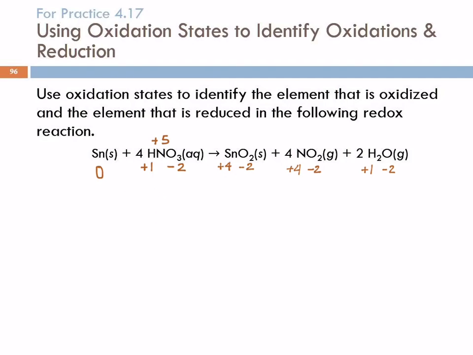Now, to identify what's being oxidized and reduced, we have to look at things that are changing. So let's compare tin as a reactant with tin as a product. What's happening to its oxidation state? Loss of electrons. Oxidation is loss of electrons, or we can look at the oxidation state is going up. It's increasing. So this is being oxidized.